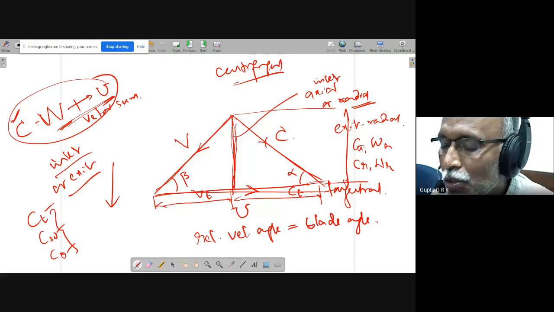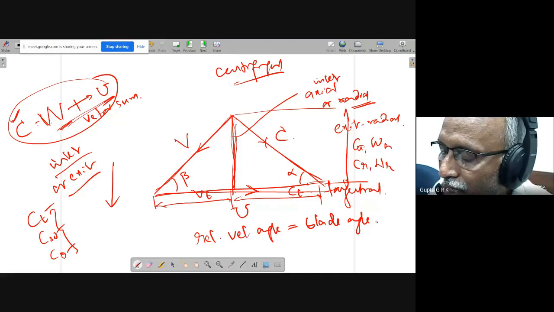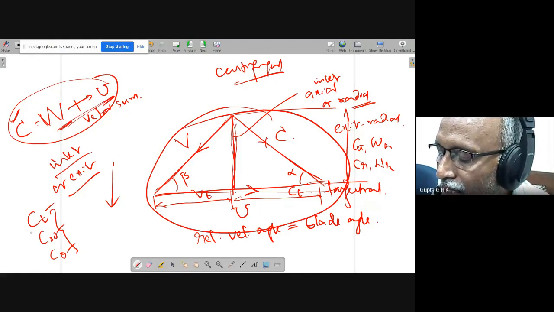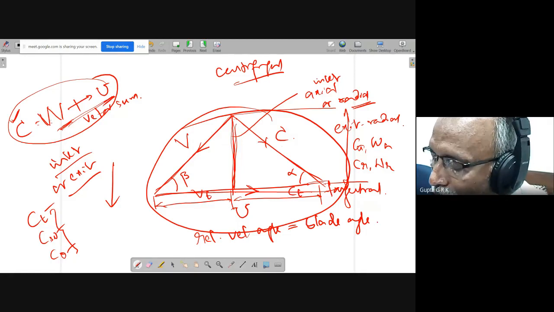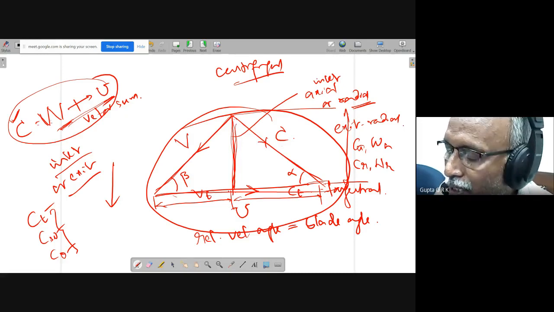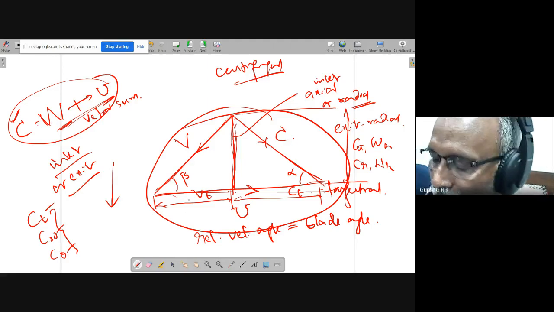So the blade angle should match the relative velocity angle. Okay, so this is the way your inlet triangle or exit triangle will be. It can be inlet, it can be exit. Depending on the problem, sometimes CT may be 0, sometimes VT may be 0, but the general triangle is like this. Now we will see what happens.